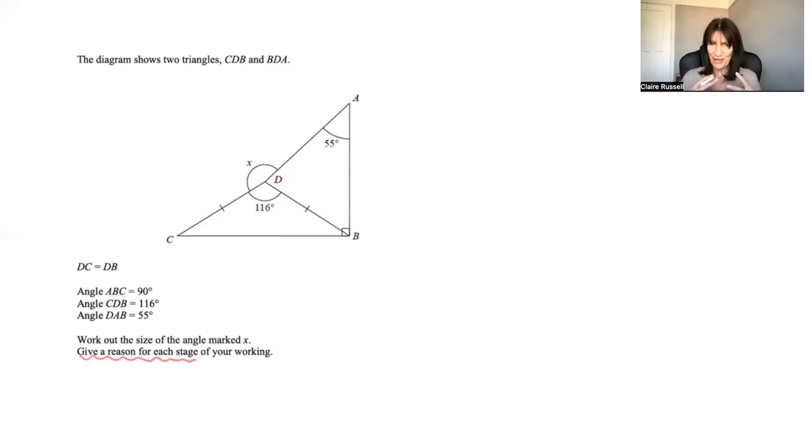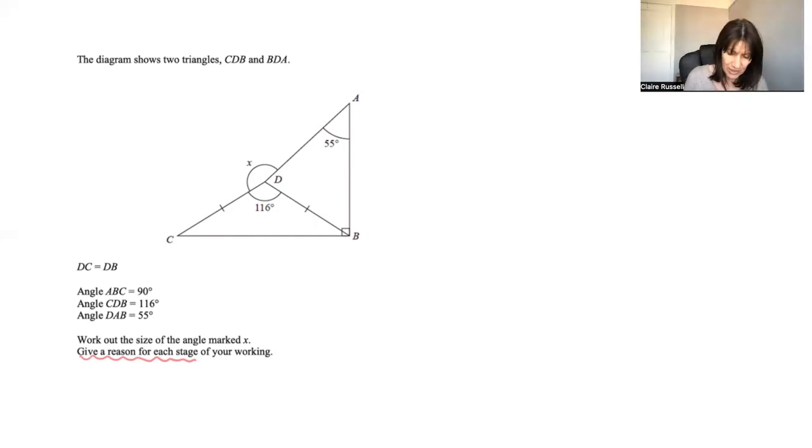So as with these, you generally can't just work out X straight away. They've given you numbers that are going to help you along the way. So really, I think one of the best ways to do this is to just do anything that you can, and then you bring that answer into your result and you're good to go.